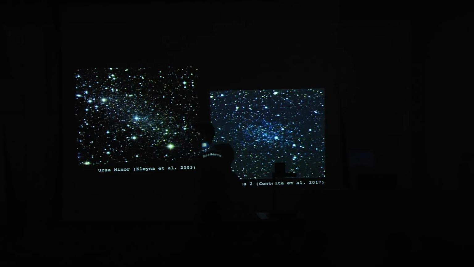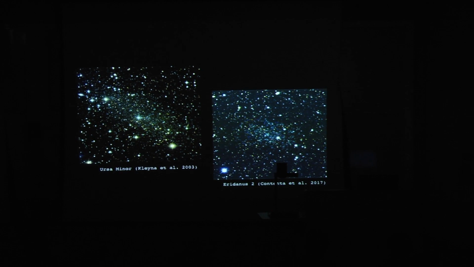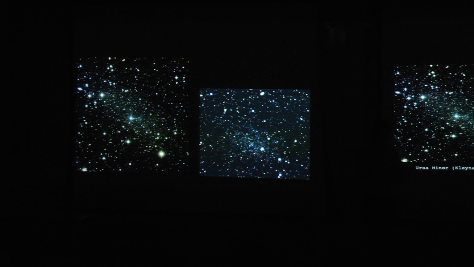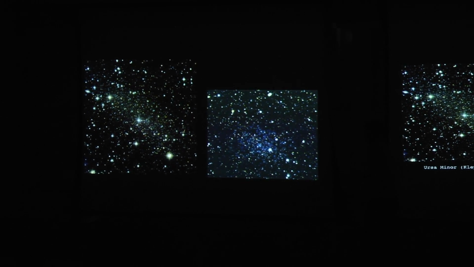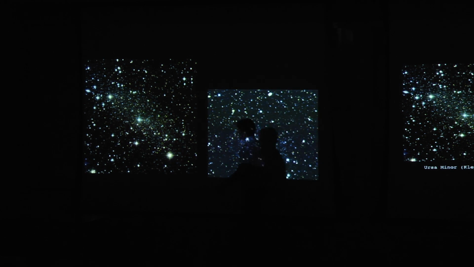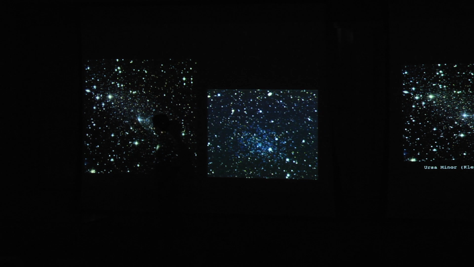A different kind of argument, another indirect kind of argument, has to do with very loosely bound substructure within different dwarf galaxies. You can see a star cluster here near the center of a recently discovered galaxy called Eridanus 2. Here, we can't see it, but there's a star cluster located over here somewhere.